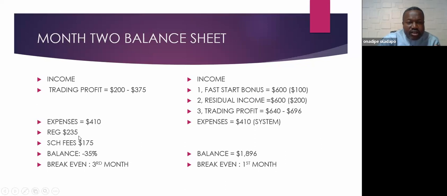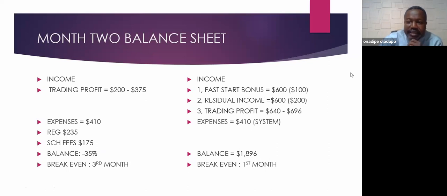So registration, school fees for 1 month, his balance will now be minus $35. That will be what his balance is. But for this person, his balance will be $1,896. So while this person will be hoping to break even in the 3rd month, this smart trader has broken even in his 1st month.